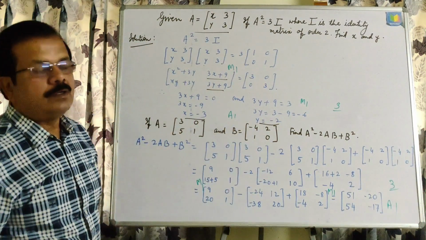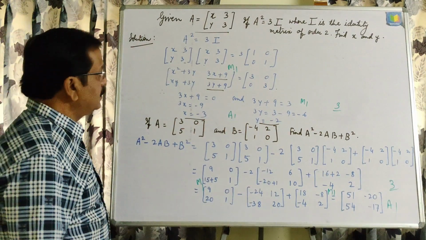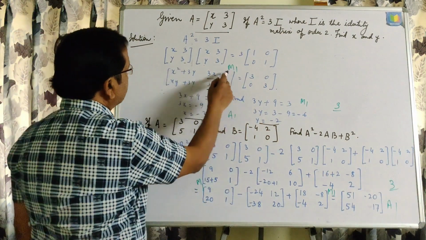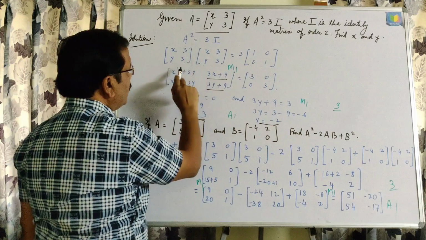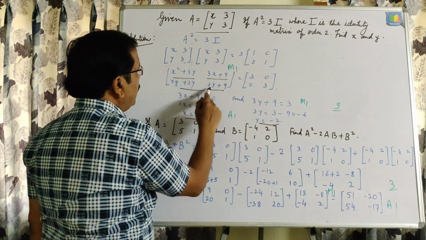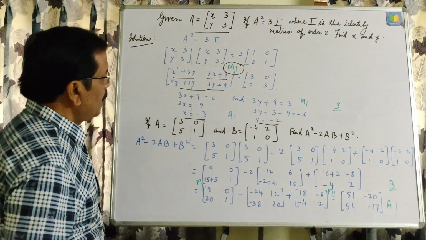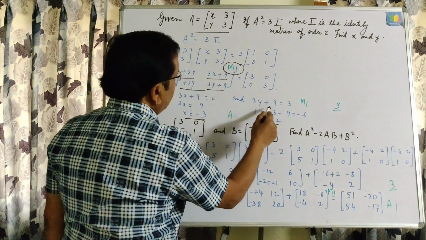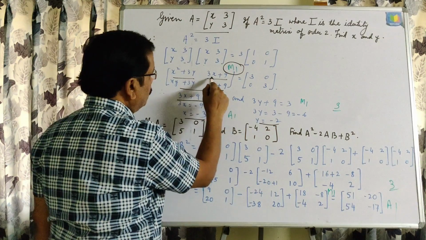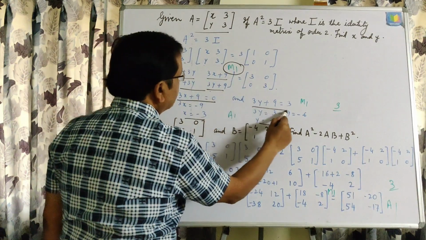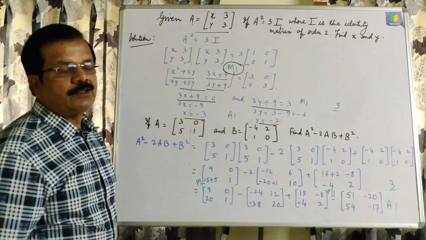Now with the help of this, how was the marking scheme decided this year? If the left hand side, that is A square, is correctly multiplied, then the first method mark, M1, was given. And the second method mark was given if you equated correctly, whether 3x plus 9 is equal to 0 or 3y plus 9 is equal to 3, either one correctly equated left hand side to right hand side.